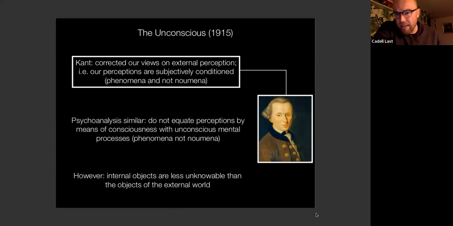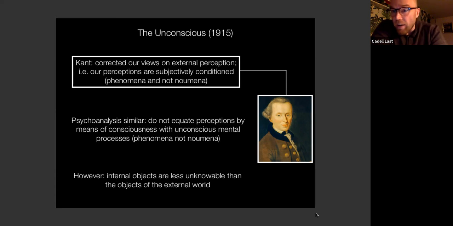and says, in the same way that Kant corrected our views on external perception, saying basically that our perceptions are subjectively conditioned and we're not observing the world in itself the way it is independent of us, but always viewing the world through our own subjective condition, phenomena, the distinction phenomena and not noumena.